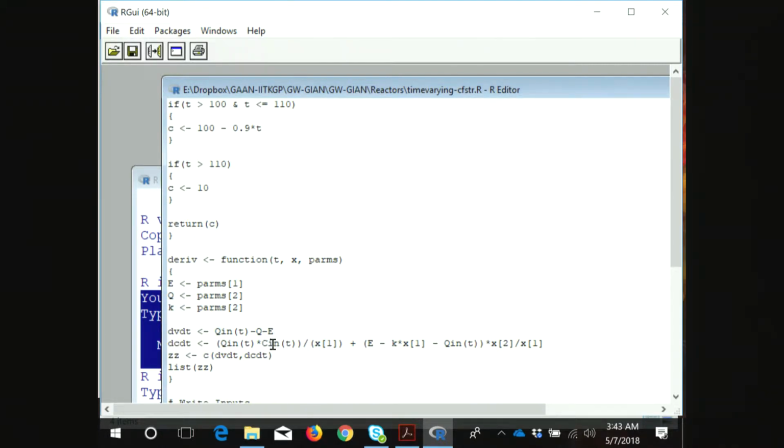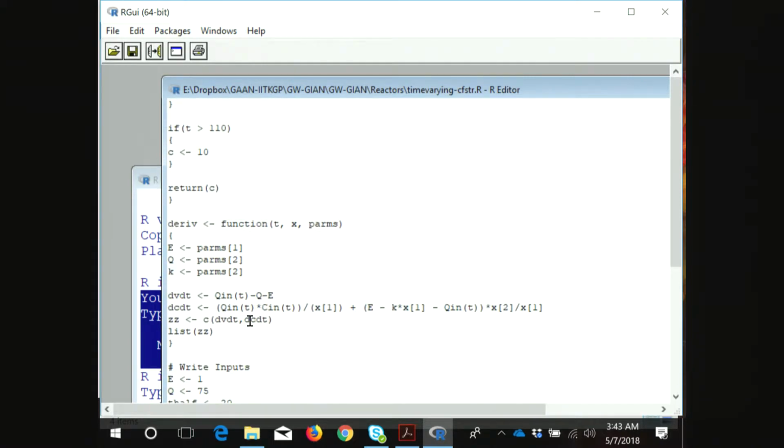Okay. The second one, dcdt, I have to pull out q in t times c in t, that is the one that we expanded using the chain rule. When I have the dVdt term, I can plug in the first mass balance equation and do all that stuff.